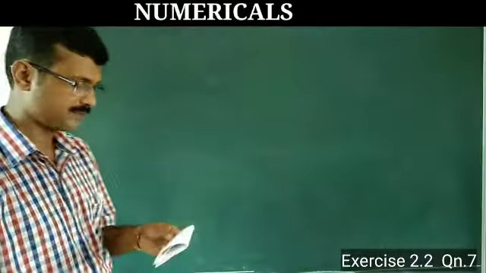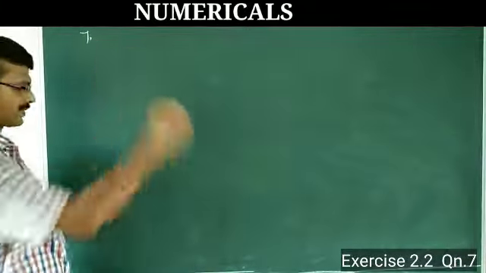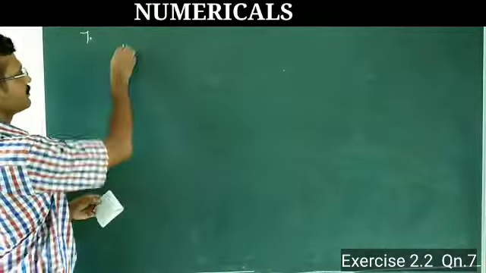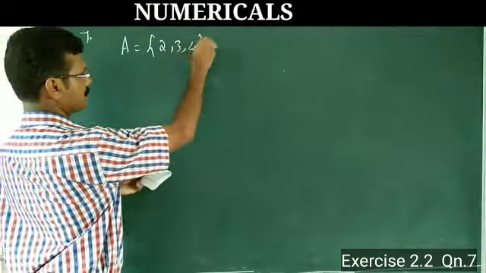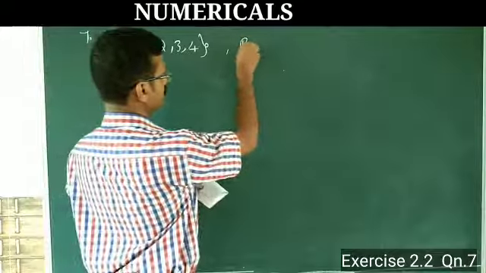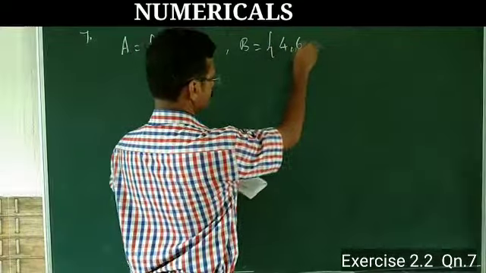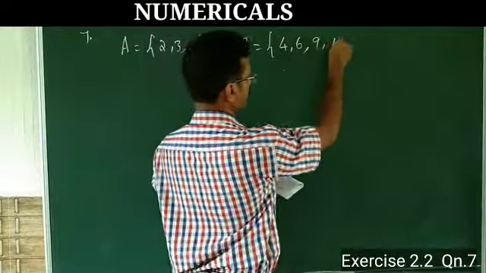Another question, number 7. Here A is given as 2, 3, 4. B is given as 4, 6, 9, 10.